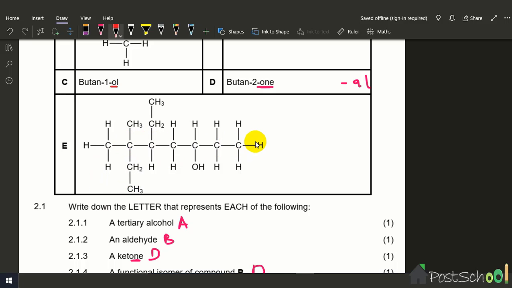And then check which side to start from, starting closer to the functional group or closer to the branch.